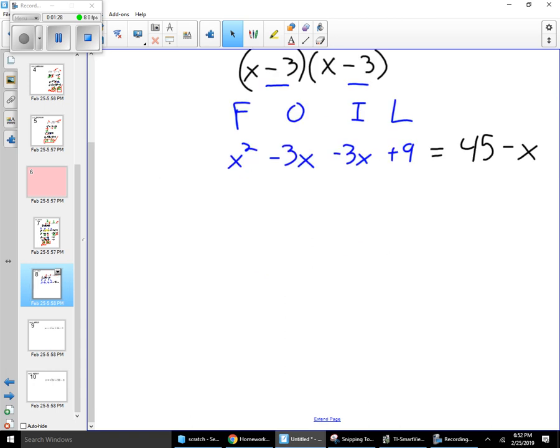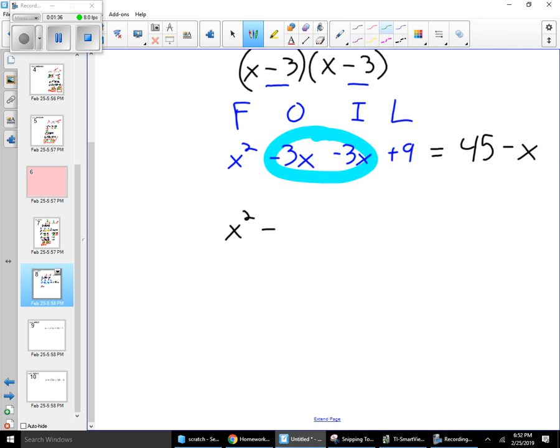Coming down just a bit, combining our like terms, we have the minus 3x and the minus 3x in the middle. So that'll give us an x squared minus 6x plus 9. So we have yet another quadratic, our sixth lovely quadratic of the section.